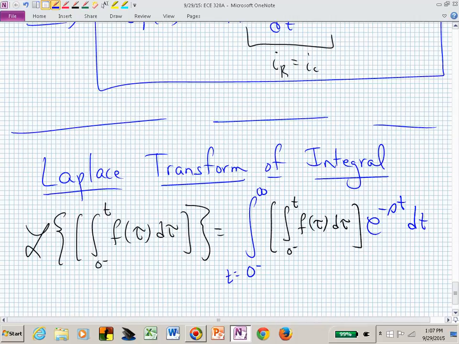What we're wanting to do now is make that right-hand side look like something that we've seen before. Yes? So tau is our variable of integration.